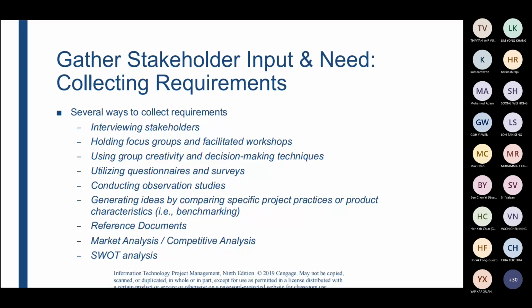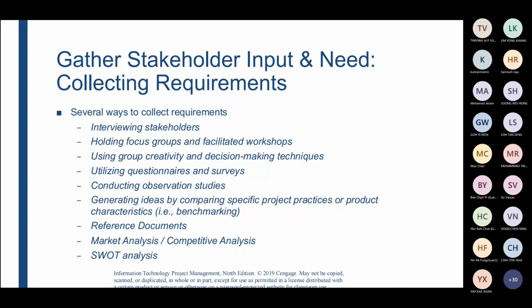Utilizing questionnaires and surveys. The other method is questionnaires, where you can carry out an online survey. It is quite easy nowadays. So besides interviewing and having focus groups, you can also use another technique known as questionnaires or surveys.